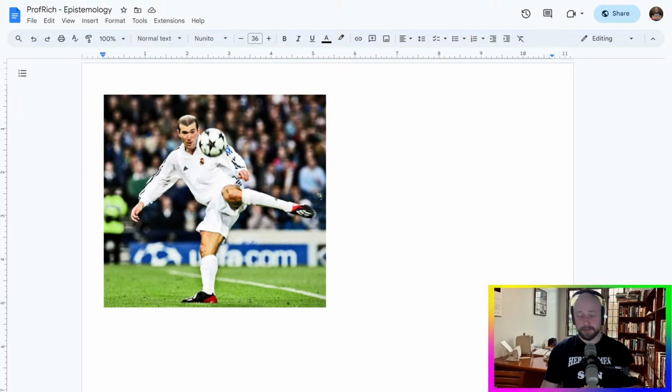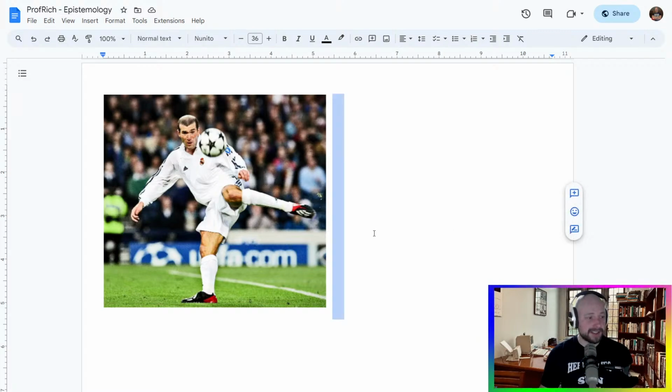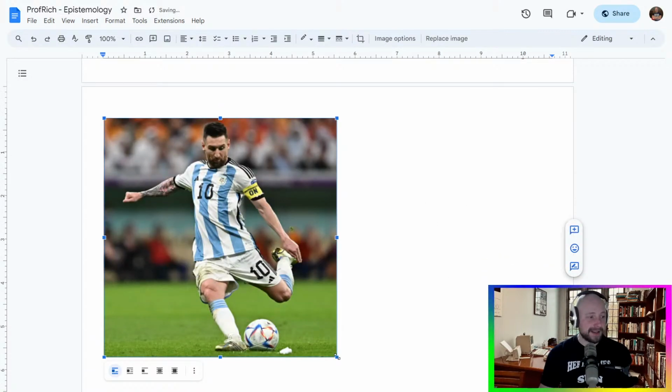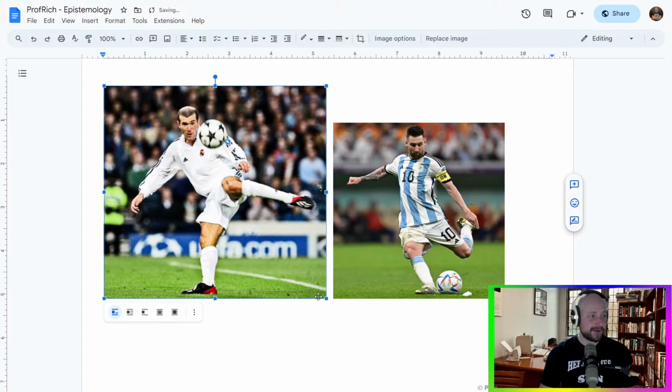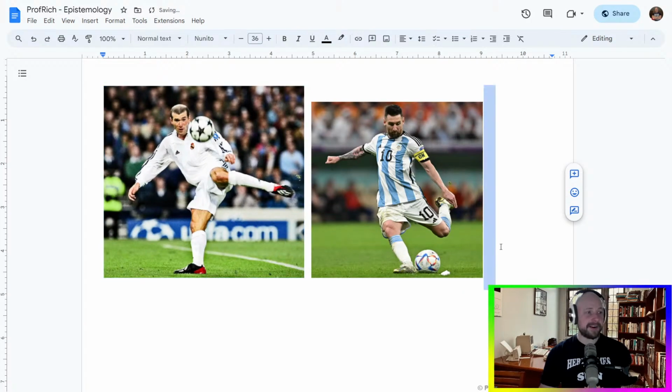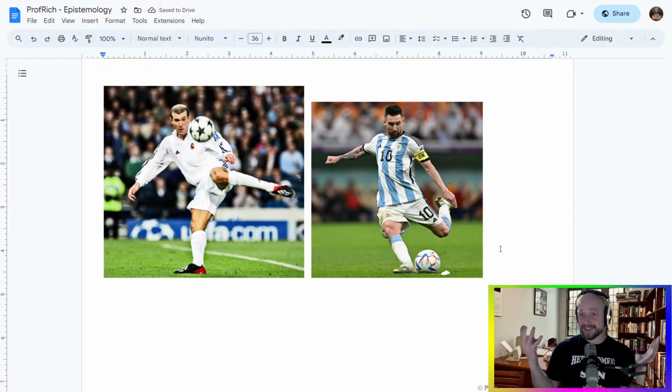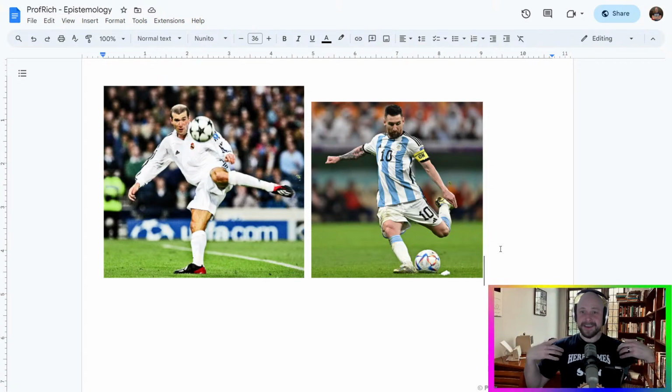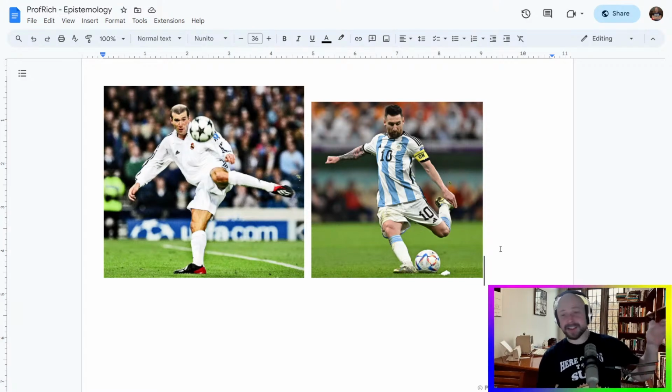Lionel Messi does not play football like Zidane. Lionel Messi also plays football very well, and some of the things that Lionel Messi does are similar to what Zidane does, but they're not identical. And that's very much like accents, or your accent, or my accent, in that we all play football a little differently.